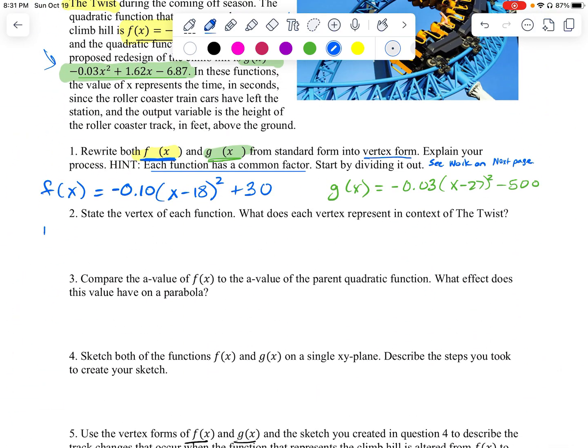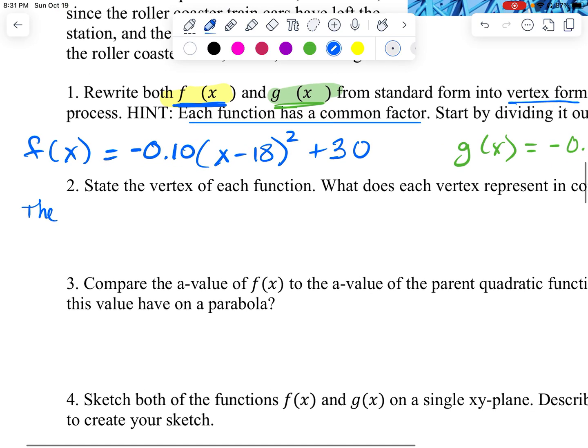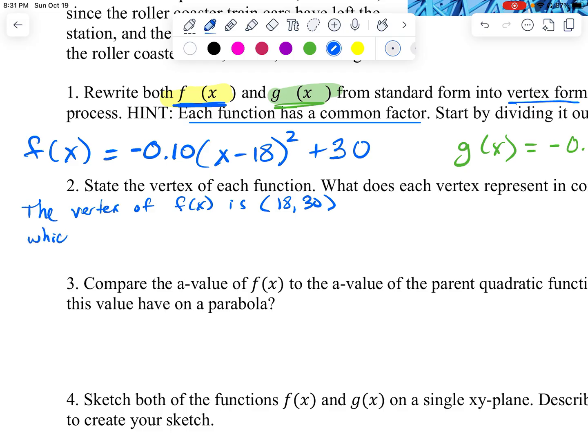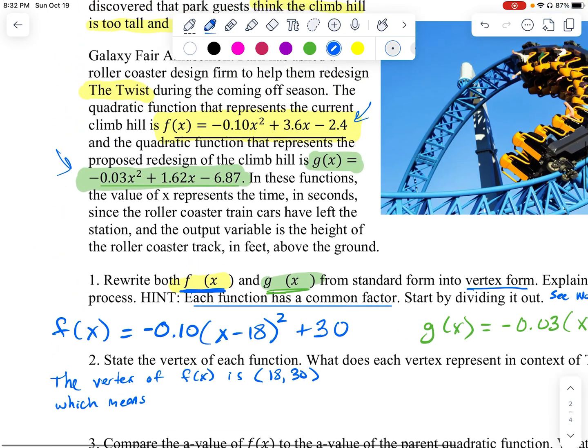So, let's see. The vertex of f of x is 18, 30, and I can see that from the equation right above, which means in context, bringing it back to the scenario, the story, the reason we're doing this, which is the roller coaster, the twist. So the vertex of f of x is this, which means that, let's go find out what x and y are.